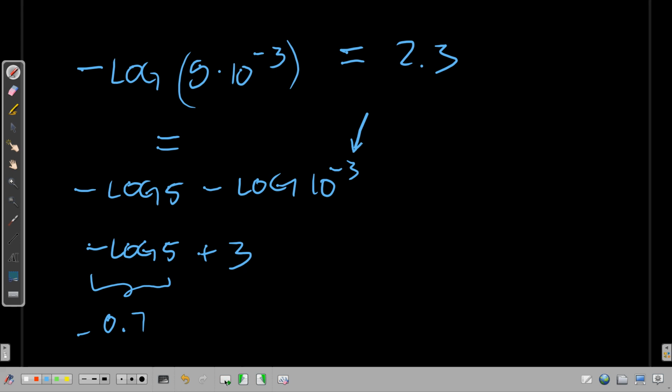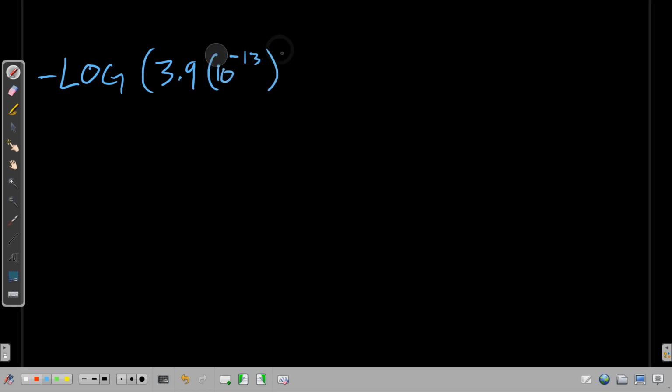So then, consequently, for the lye, let's have a look. We'd have minus log of 3.9 times 10 to the minus 13.